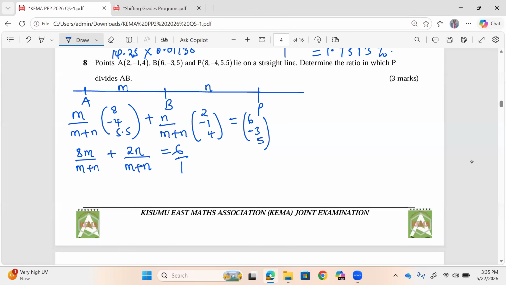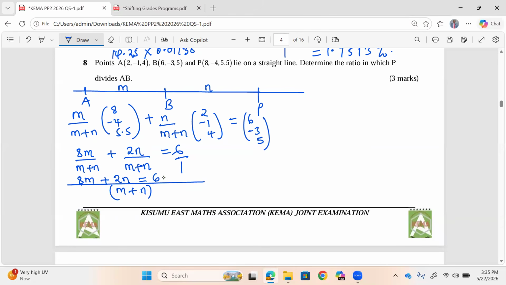So can we simplify the equation first? Yes, we can simplify the equation by talking about the LCM, which is m plus n. So LCM divided by the first denominator, it cancels out. We remain with 8m plus LCM divided by the second denominator. They simplify, we remain with 2n equals to LCM divided by 1, it remains.